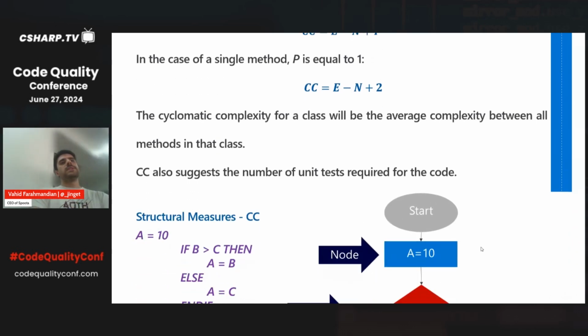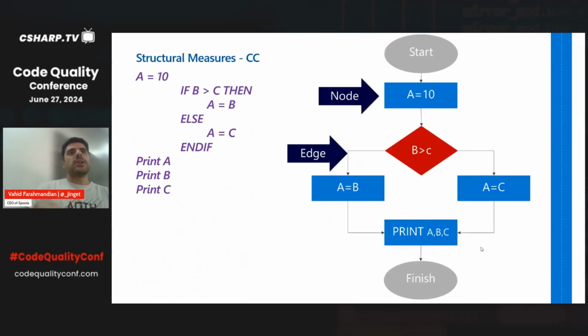For example, suppose we have a very simple code. A is equal to 10, some if condition here: if B is greater than C, then A is equal to B, else A is equal to C, then print A, B, C. Okay, in order to calculate the cyclomatic complexity for this code, one of the methods is to design the flowchart of our code.